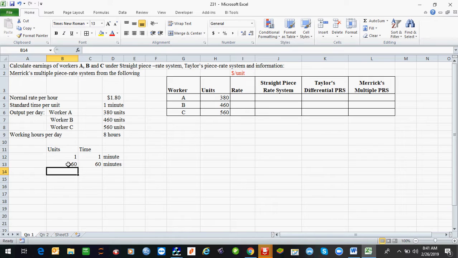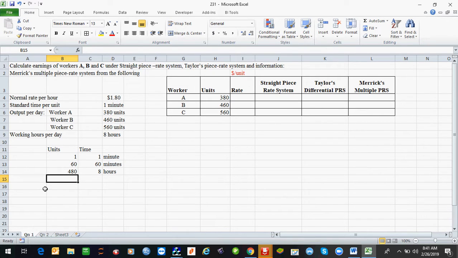So in 60 minutes we produce 60 units. Then 8 hours, which is per day, how many units do they produce? It's 8 hours a day times 60 units per hour. So the normal production in a day is going to be 480 units.